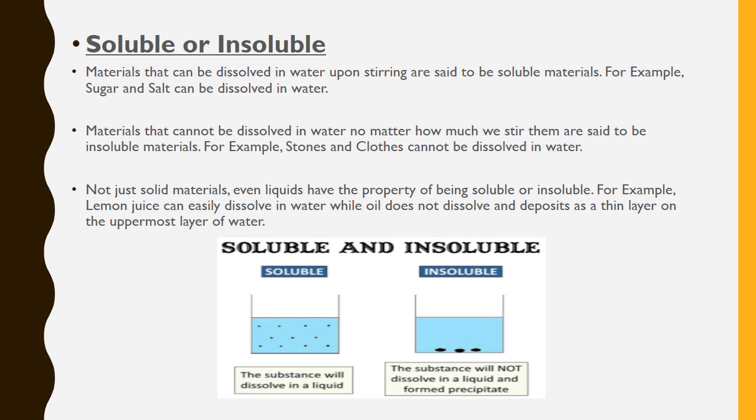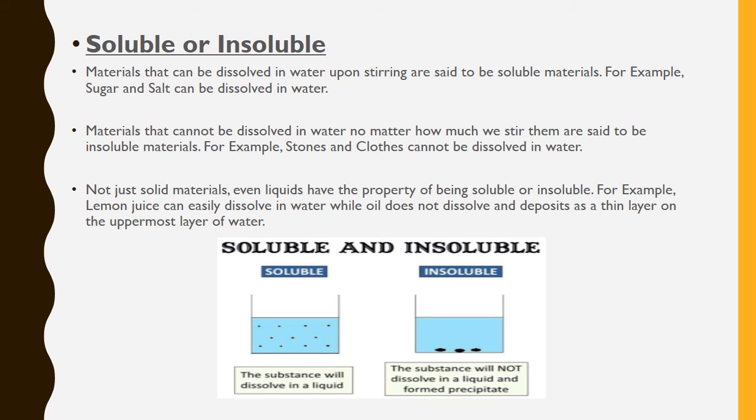For example, sugar and salt can be dissolved in water. Materials that cannot be dissolved in water, we call insoluble materials. For example, stones and clothes cannot be dissolved in water.